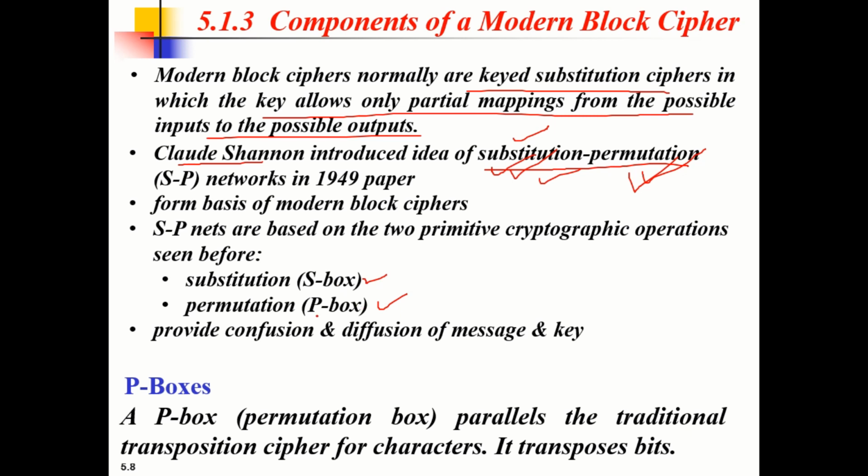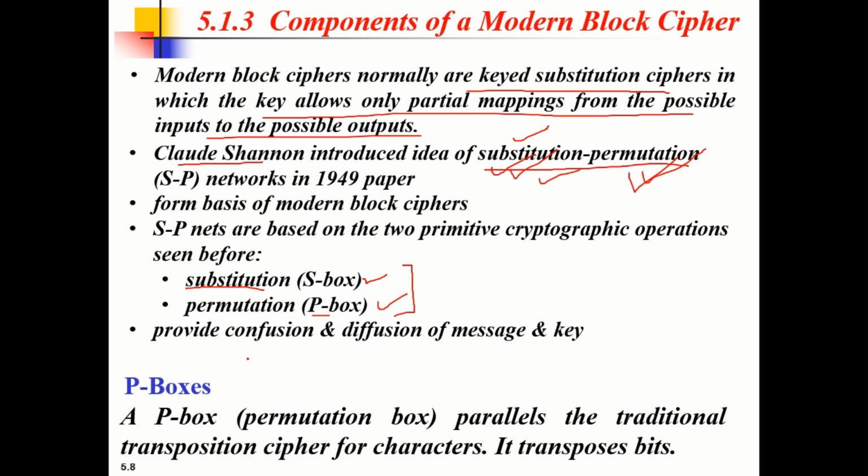S for substitution and P for permutation. These are cryptographic operations which we have already discussed in a previous class. Okay, so again we'll be using them over here, and out of these two, mainly we make use of substitution, right? I'll tell you the reason for that also.